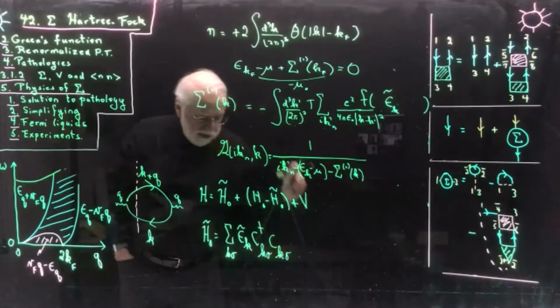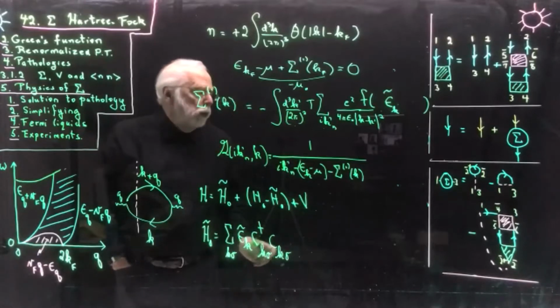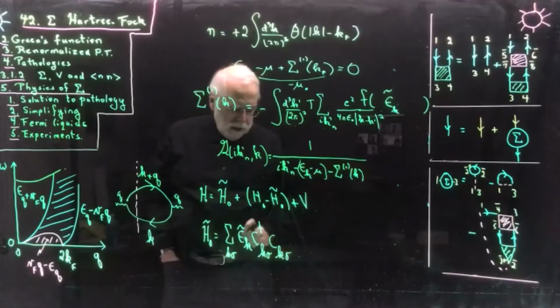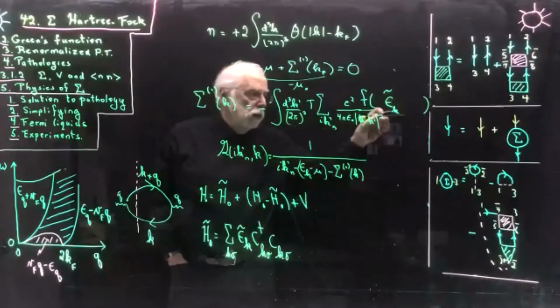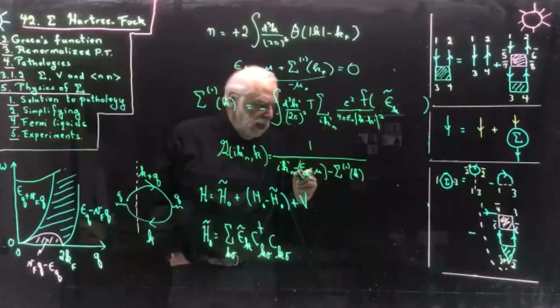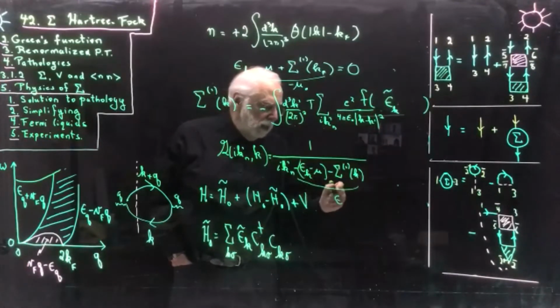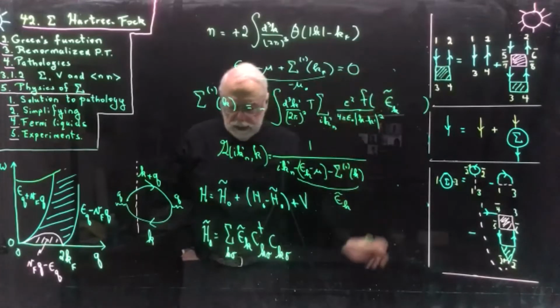Okay? So the unperturbed Green's function just involves this. So when I do the sum over Matsubara, this is replaced by epsilon tilde of k. And when I do the sum over Matsubara frequencies, I get this.